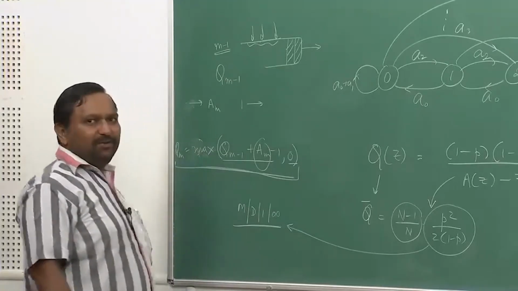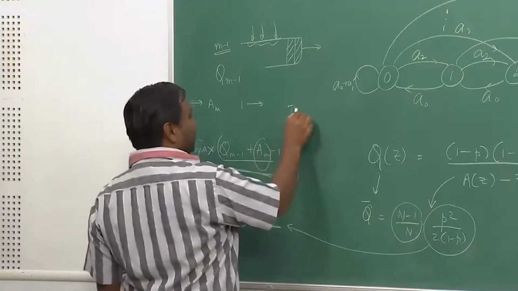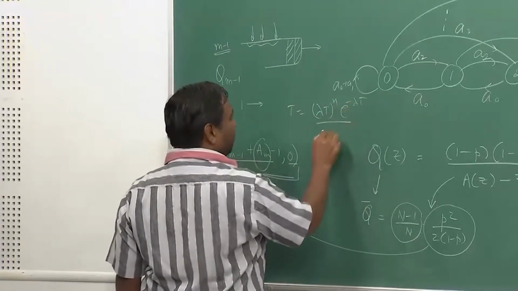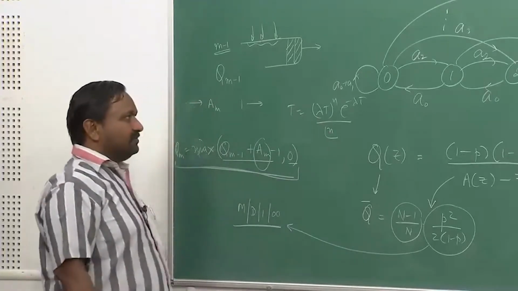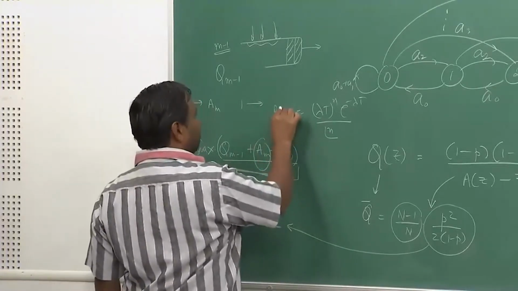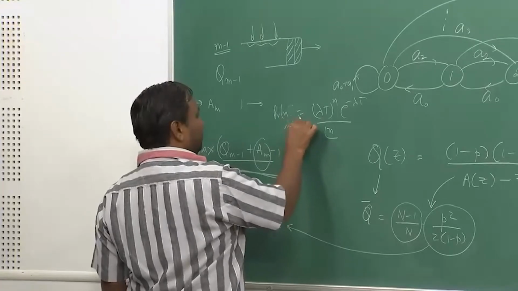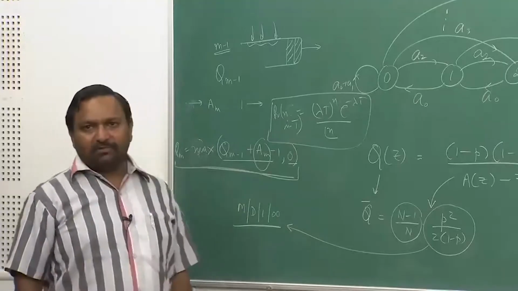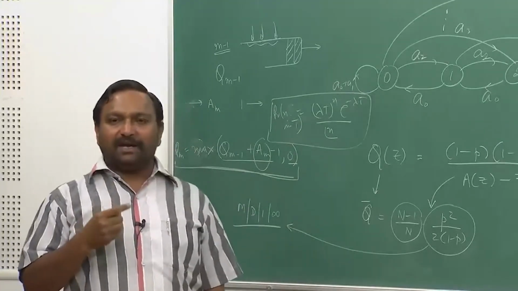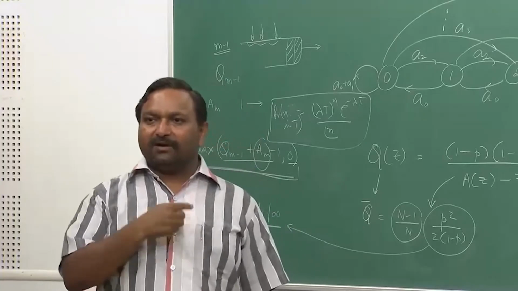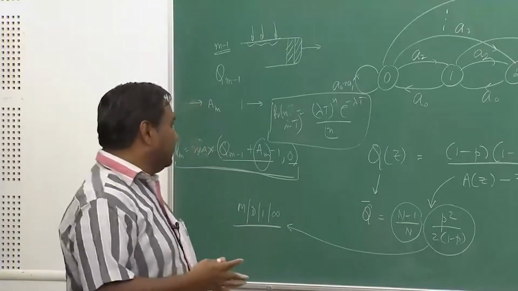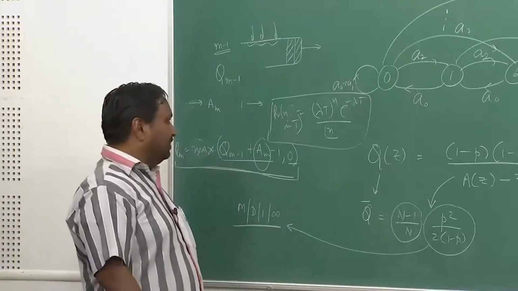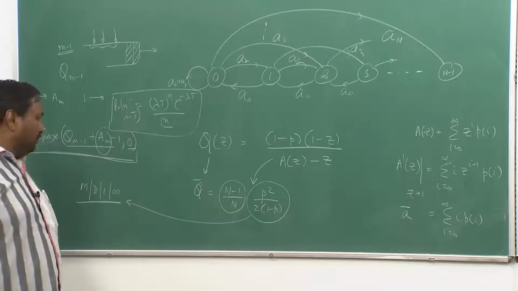So the number of packets arriving in time t will be given by (lambda t) raised to power n, e raised to power minus lambda t, by n factorial. So this is the probability of n arrivals in time t. Now interestingly, when I am talking about this switch, at the inputs the packets are coming in slots, they are not coming arbitrarily, but the queue will start behaving in that fashion when n becomes very large, as if I am having that kind of queue.